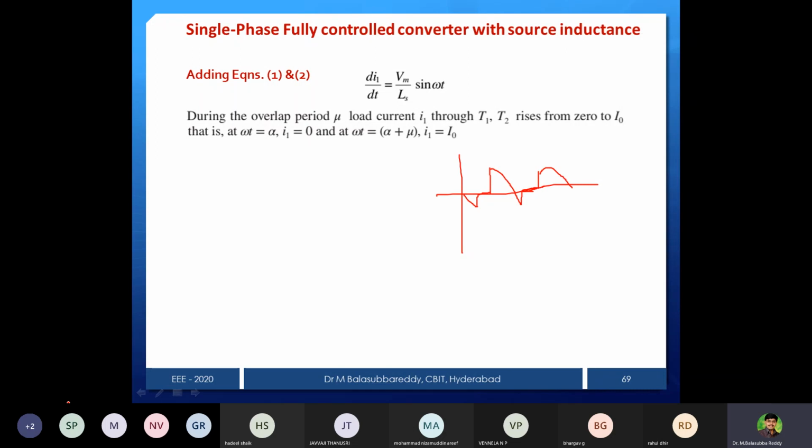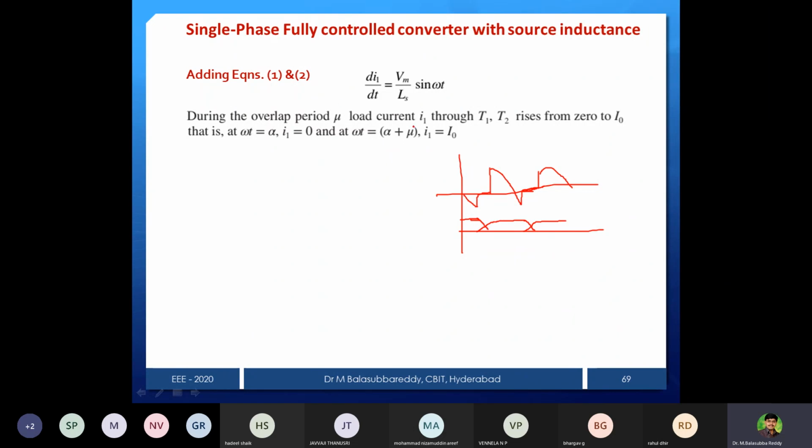This is the voltage waveform during the overlap condition. Now consider the instantaneous current waveform. During this instant there is an incoming device and an outgoing device. After that instant, the current will be like this. This is the current waveform, and again in the overlap period the variation will be like this.